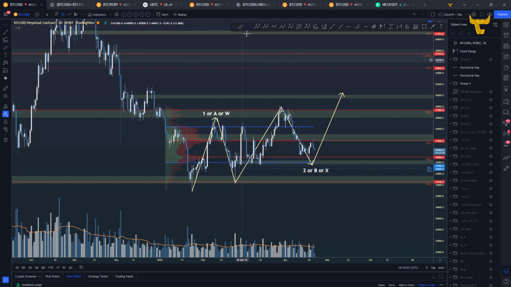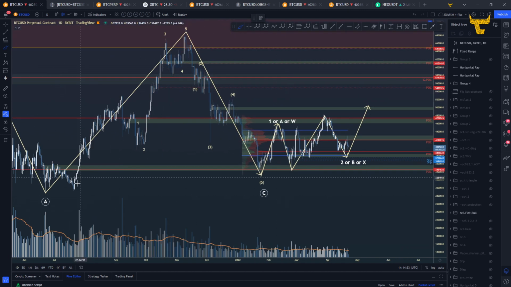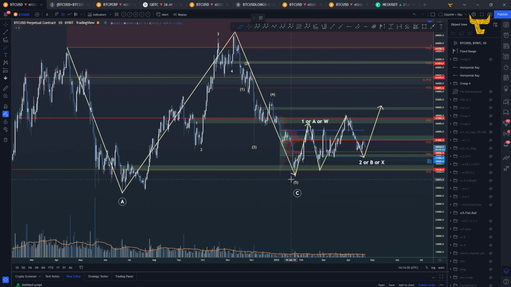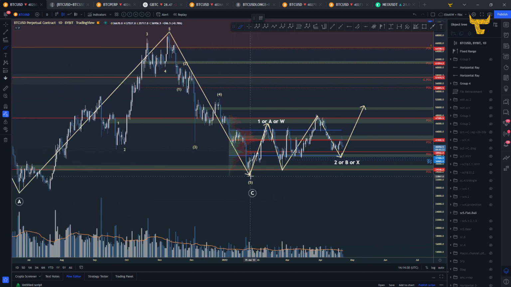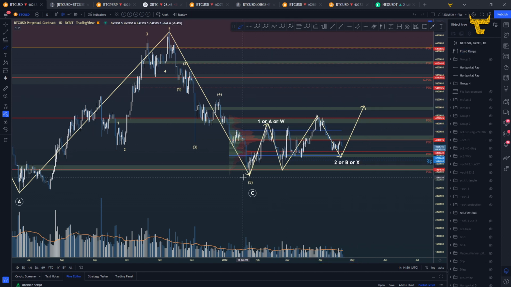So this flat, in that case, could become a wave 2, a wave B, or a wave X. So for example, if we started our wave 5, our microwave 5 from here, well, we have wave 1 and wave 2 then. And that would mean this remains valid as long as this low is not broken.